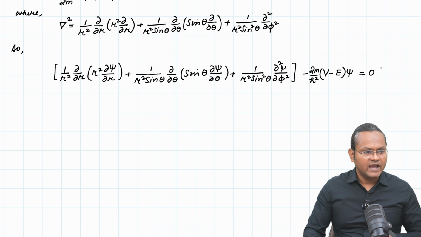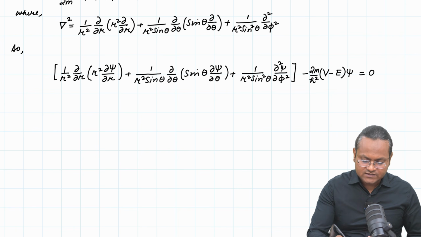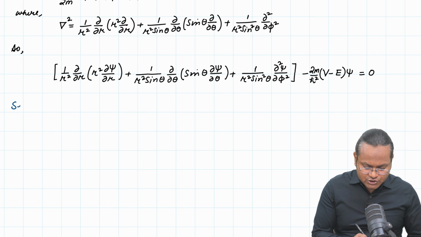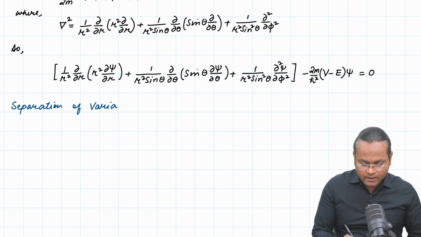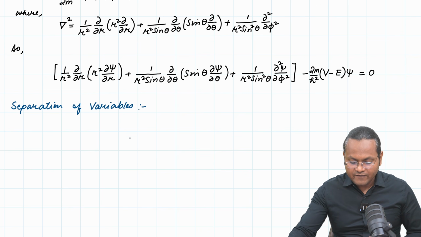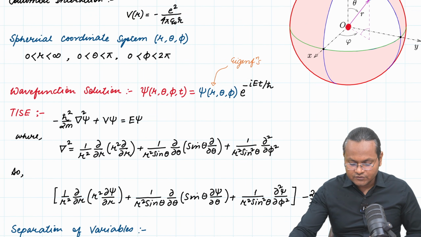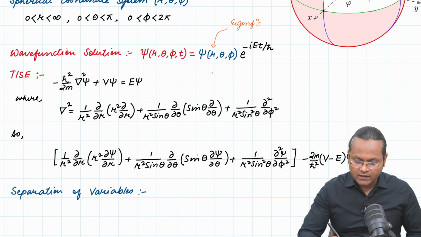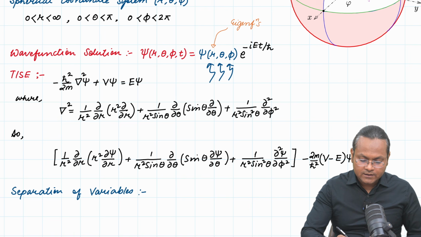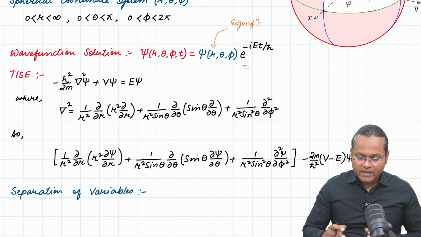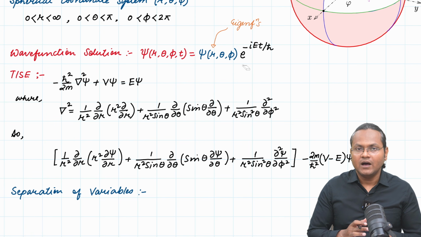Now, to solve this kind of a problem, we will be using something called the separation of variables method. You see, the eigenfunction solution here is effectively a function of 3 distinct variables, r, theta, and phi. What we can do is separate the functional dependence on r, theta, phi into 3 distinct functions.